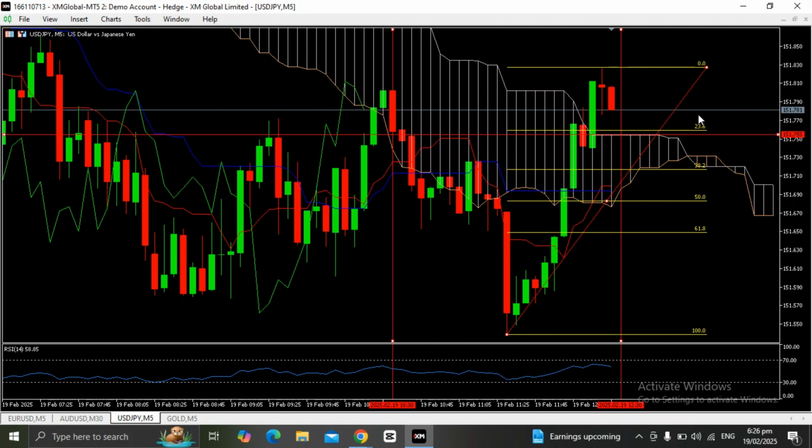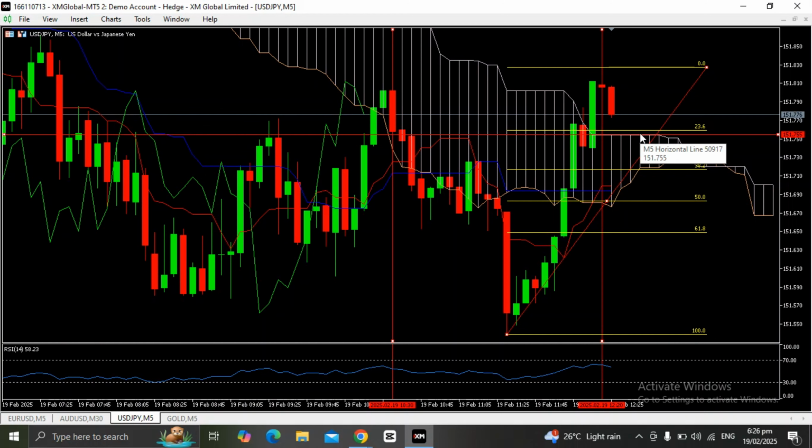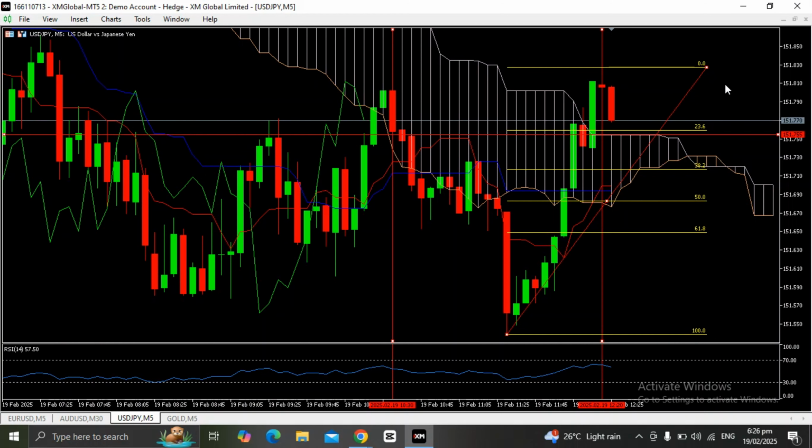Okay, as you can see, the 23.6 Fibonacci retracement level corresponds also to this Kumo here, at around 151.755.